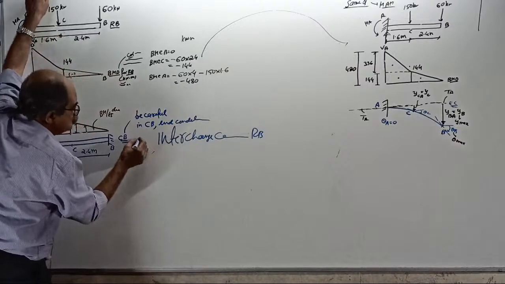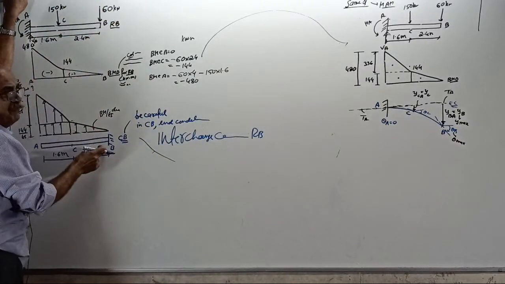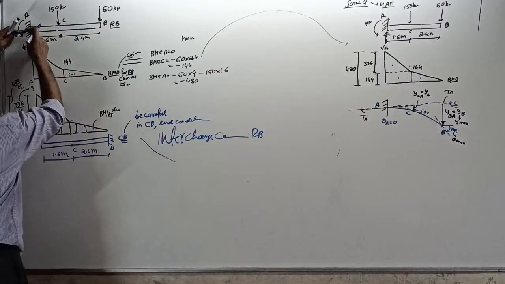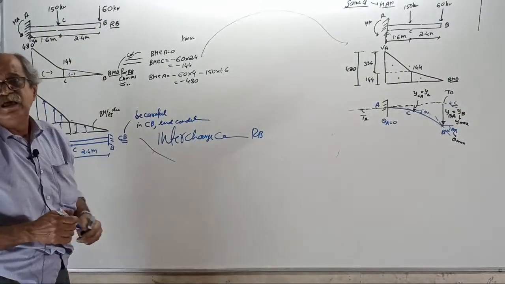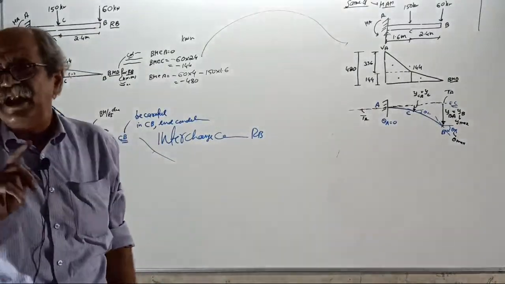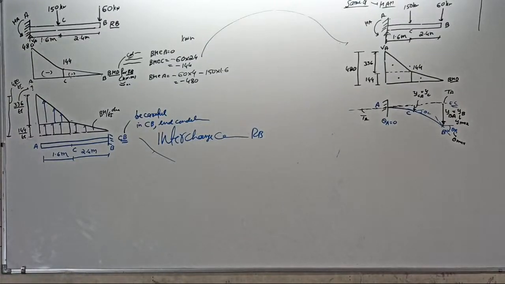The real beam's free end will become a fixed end. The real beam's fixed end will become a free end. Fully clear? In the conjugate beam, end conditions will change. Fully clear this one?